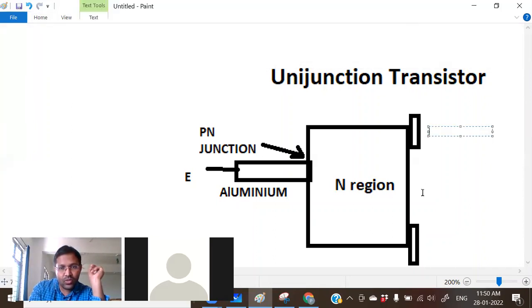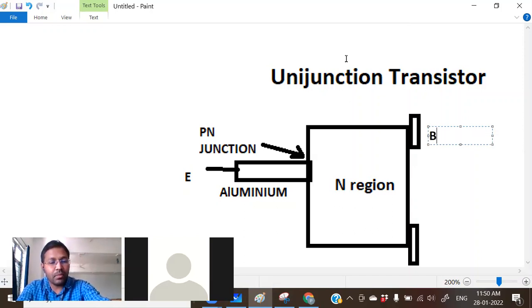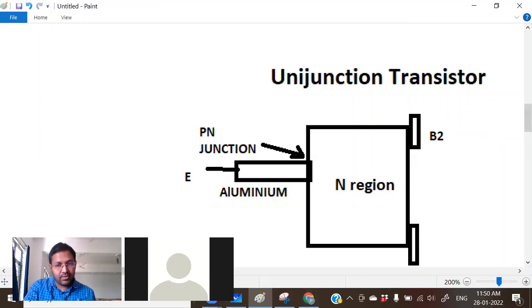Both of these two terminals are base terminals. The top terminal is base 2, the bottom terminal is base 1.